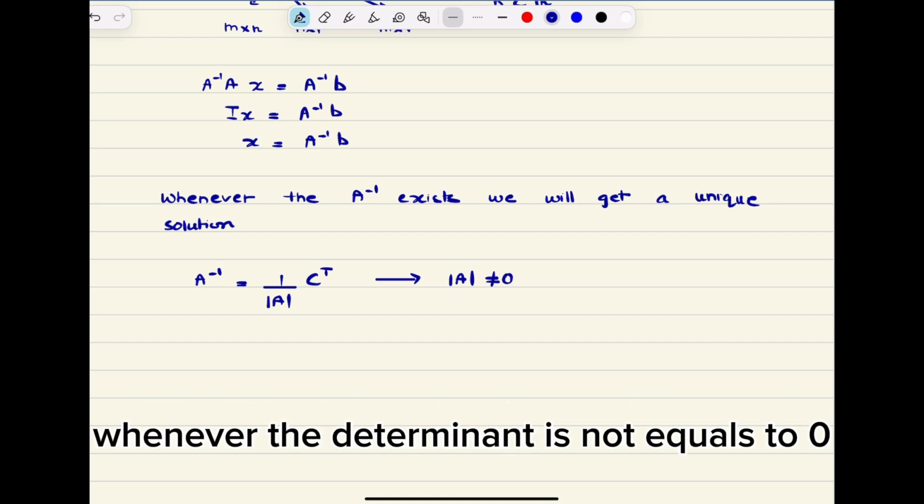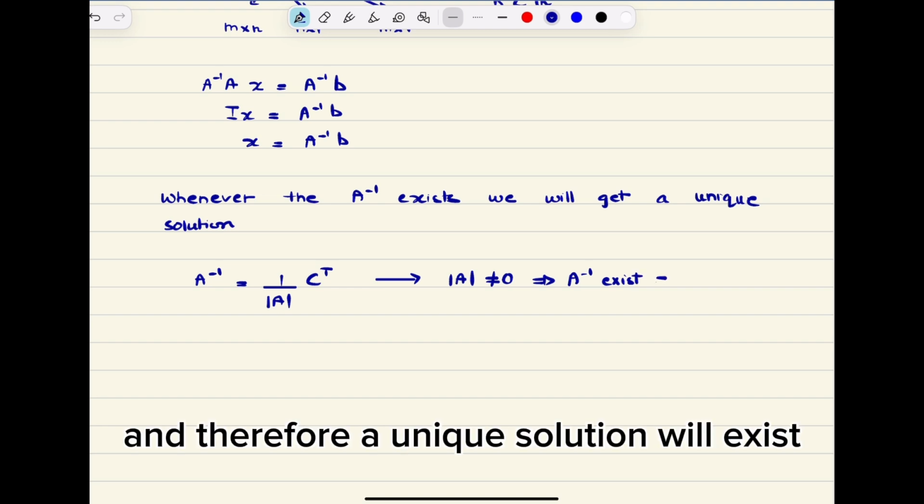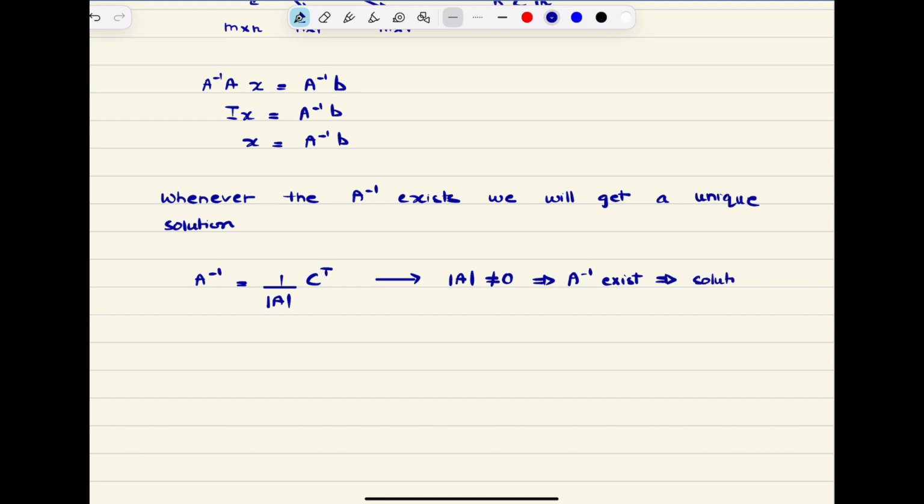So whenever the determinant is not equal to 0, the inverse will exist, and therefore a unique solution will exist.